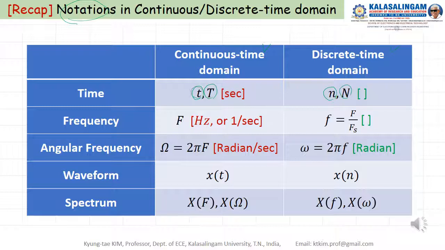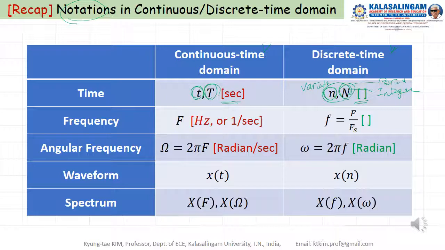The lowercase t is a variable, and the uppercase T is a constant, a period. The unit is second. In the case of discrete time, there is no unit. Also, of course, n and m are integers.